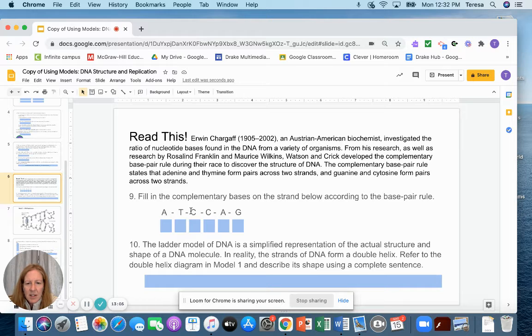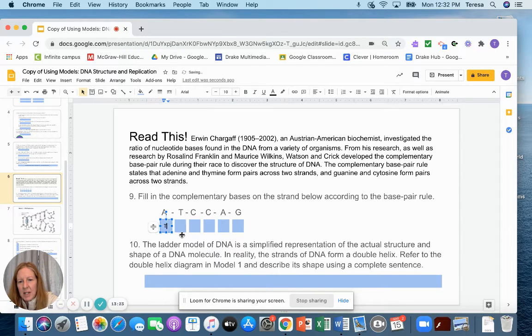Okay, if this is one side of my DNA molecule or one strand, A, T, C, C, A, G, what bases would pair? Okay, well, remember, adenine is abbreviated with an A, and this says adenine is paired with thymine. So adenine will pair with thymine. I'm going to put a T in that box that's directly across from it. Okay, then we have thymine.